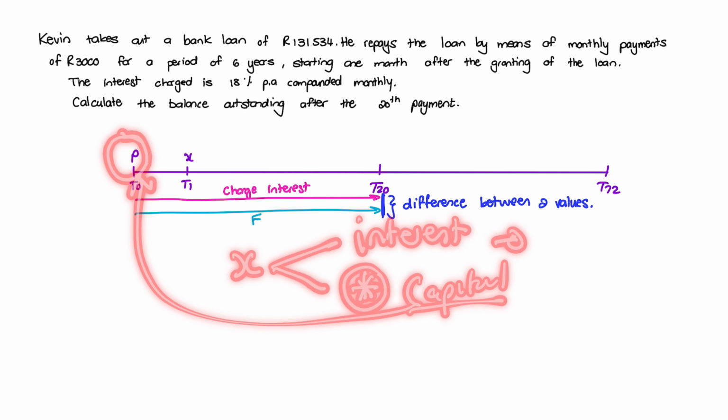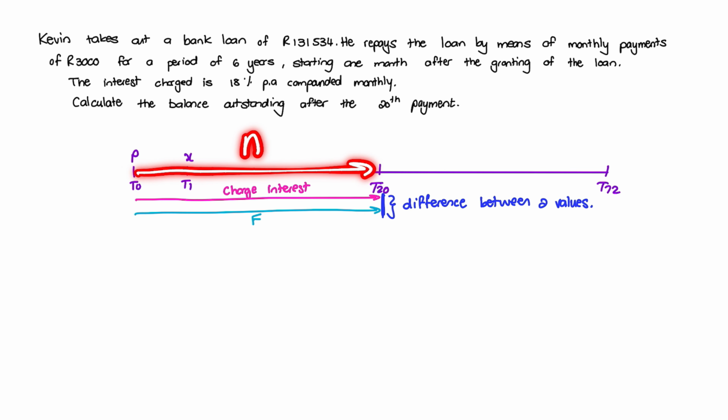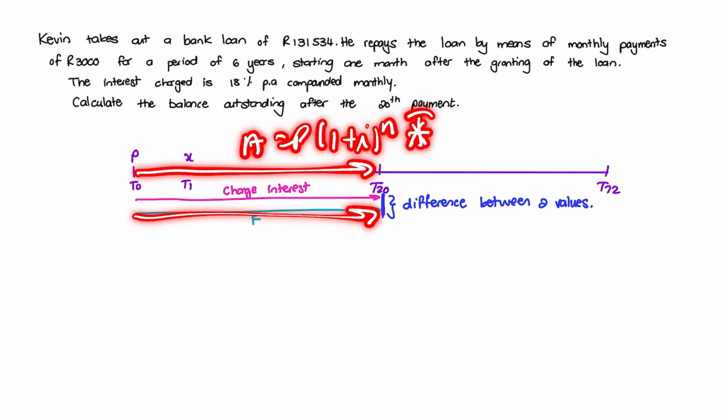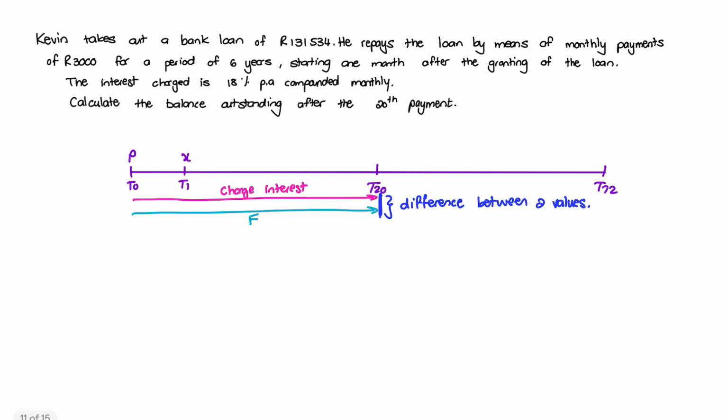So remember, two things happen. The loan earns interest, and then when you repay, you actually pay part of that interest and part of the loan. So what we're trying to do is we want to see the full amount of interest charged, and then we want to see, as an annuity, the full amount of payments that we have made.